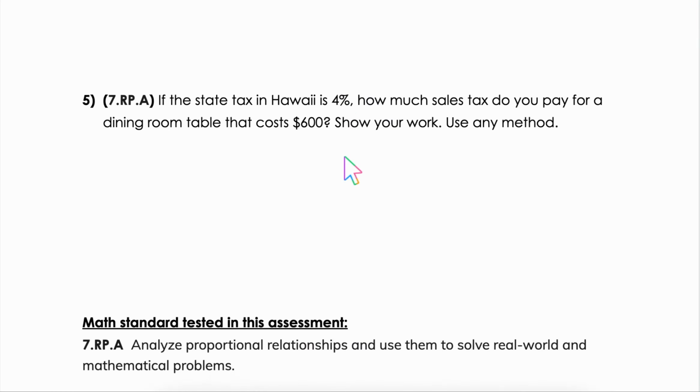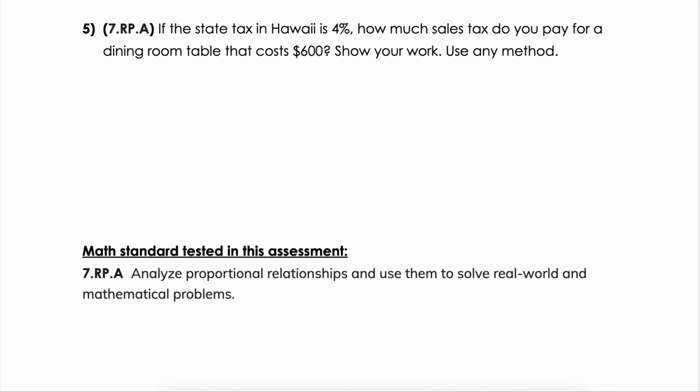All right, our last question is number 5. If the state tax in Hawaii is 4%, how much sales tax do you pay for a dining room table that costs $600? Show your work, use any method. So here's the first method.